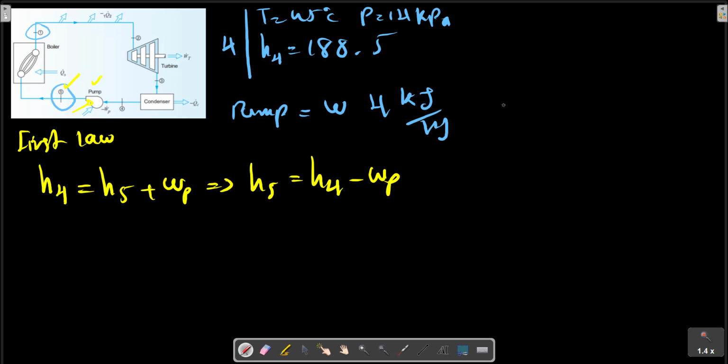W is input work, so the W pump is minus 4 kilojoule per kilogram. So H5 is the value.